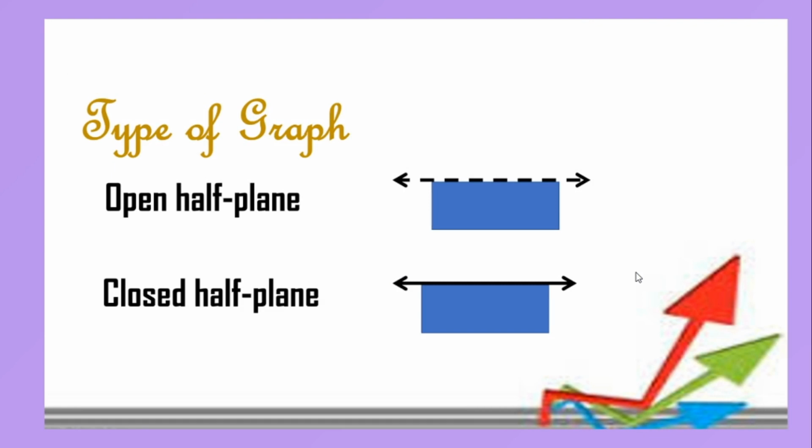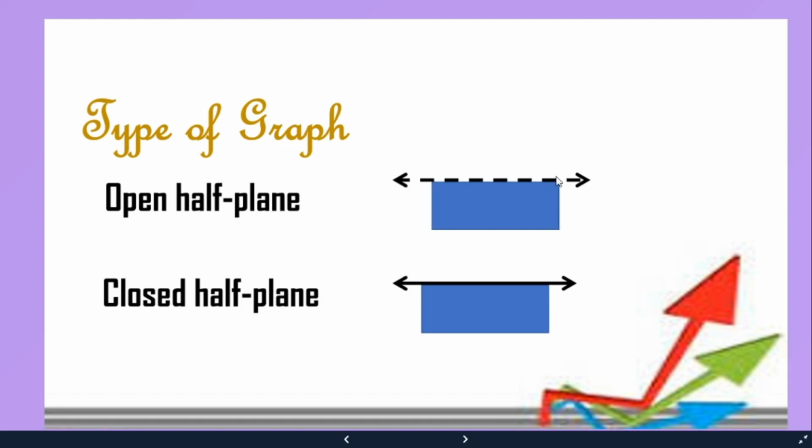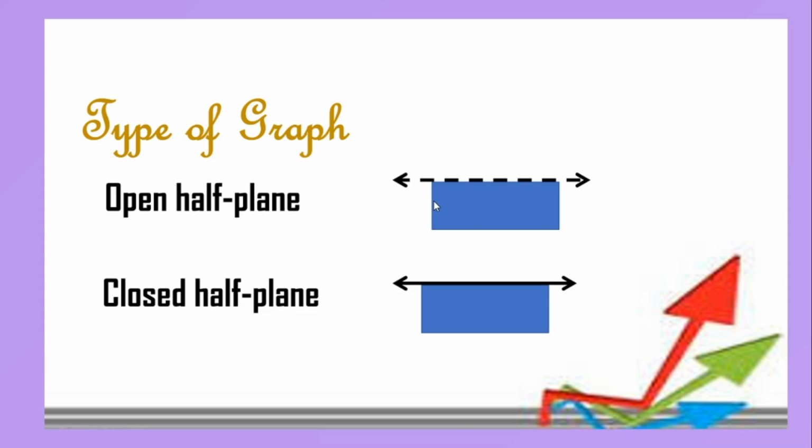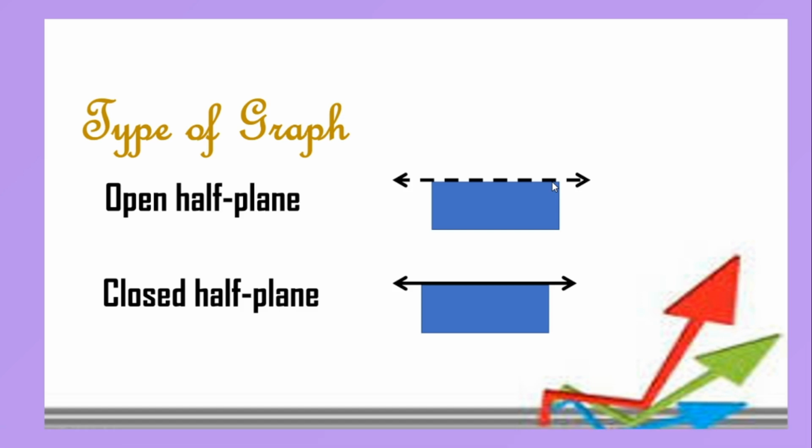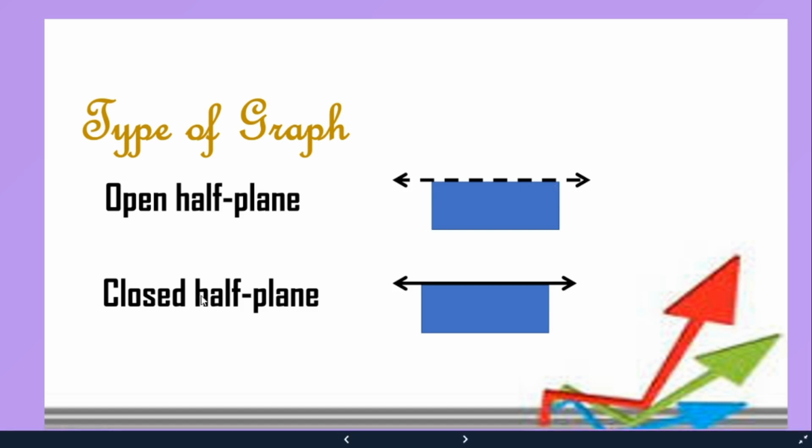For the type of graph, may tinatawag tayong open half plane and closed half plane. Kasi class, kapag open half plane, siya ay dash line. Ibig sabihin, ang inequality mo ay less than or equal. At class, yung points po dito, pag dash line, ang ibig sabihin ng open half plane, yung points na madadaanan ng ating dash line ay hindi po solution ng inequality.